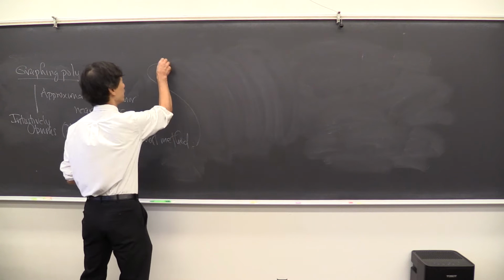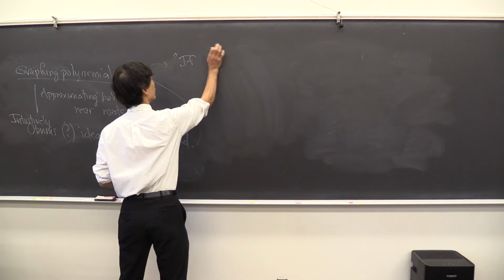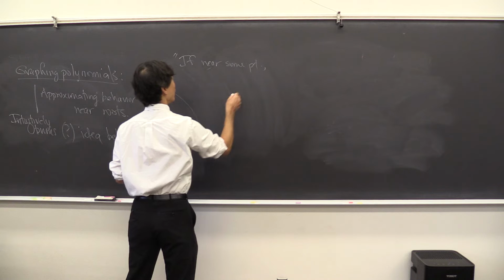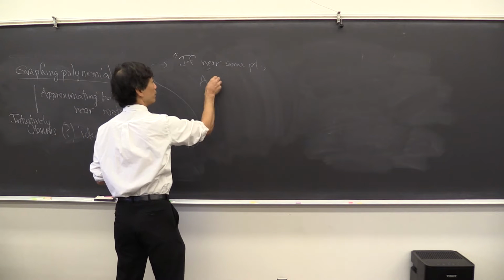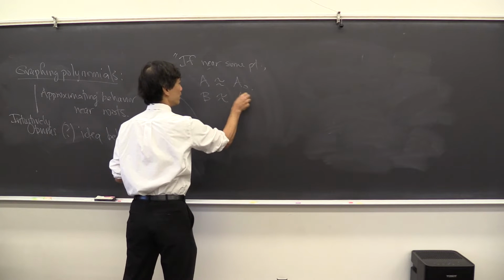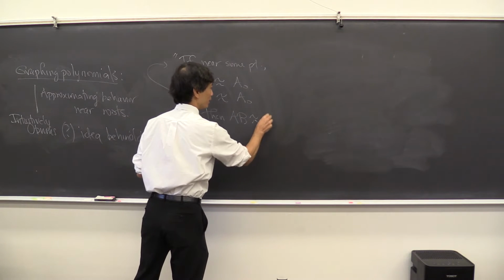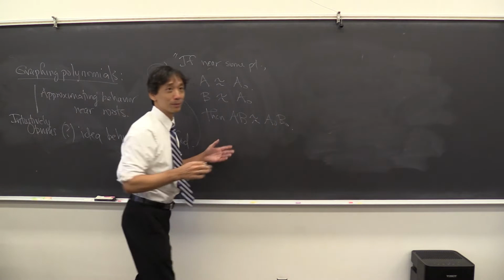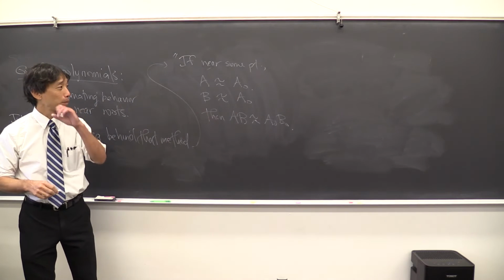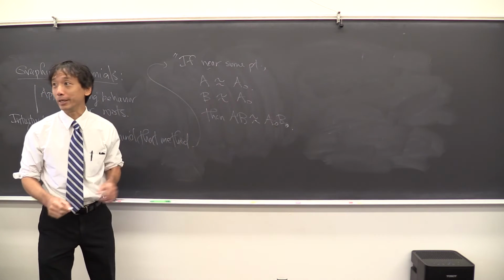If near some point A is roughly some value and B is roughly some value, then their product is going to be roughly the product of those values.